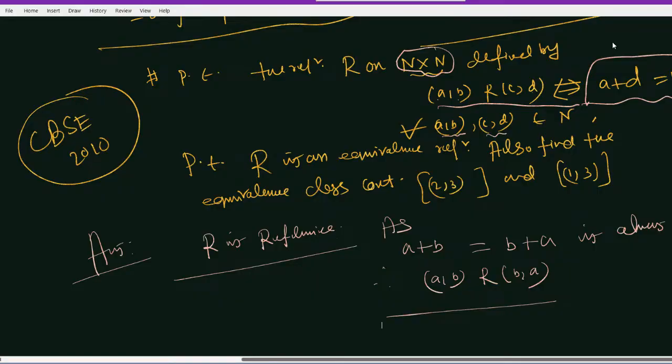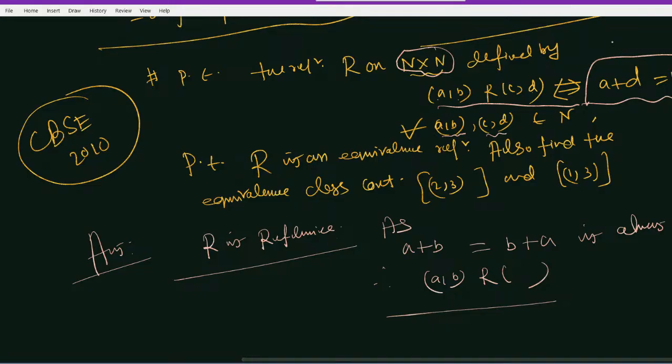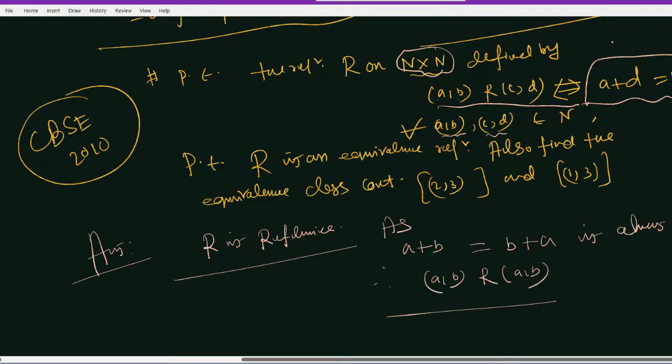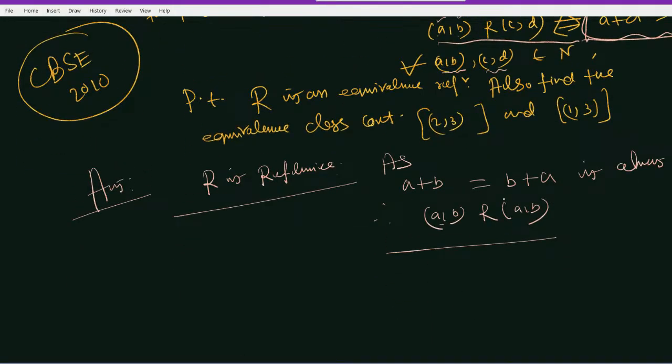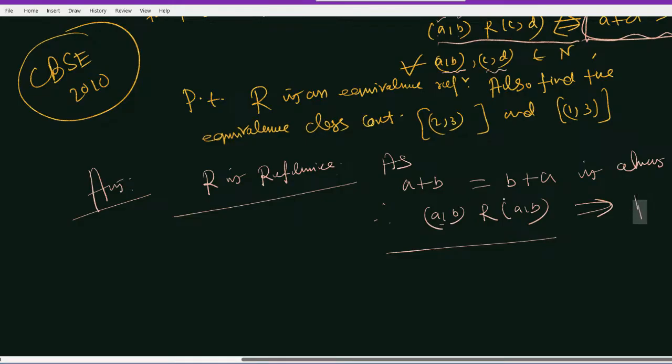If you say that AB is related to AB, not B, AB related to AB. Why? Because A plus B is B plus A. That's why. The condition is only that the first plus the fourth equals the second plus the third. Okay? So that is obeyed. This implies R is reflexive.